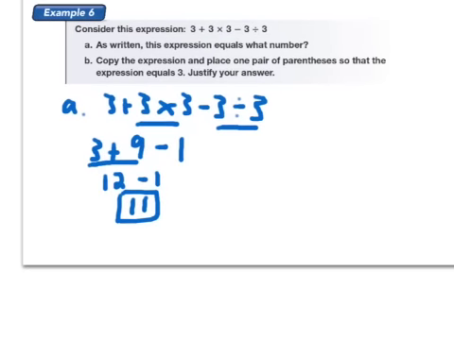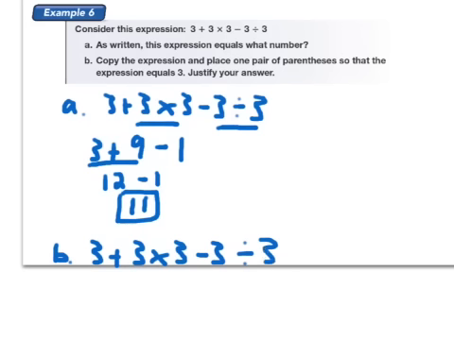Part B says copy the expression and place one pair of parentheses so the expression equals 3. And then justify your answer. Okay? So the first thing we need to do is rewrite the problem again. Now, okay, this is kind of a guessing game.